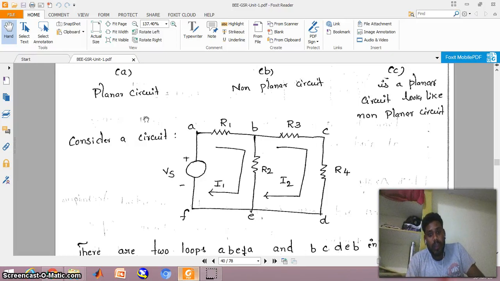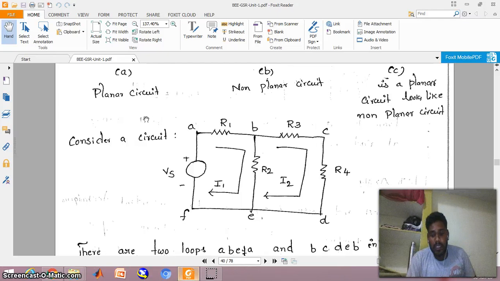In loop 1, current is assumed as I1, taken in the anticlockwise direction. In loop 2, current is taken as I2, in the clockwise direction. So first identify the loops and assume the unknown loop currents I1 and I2.